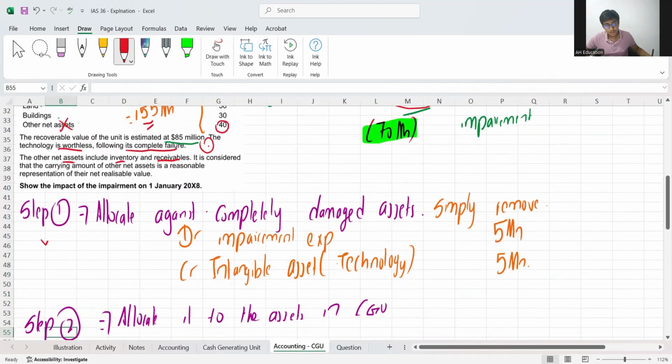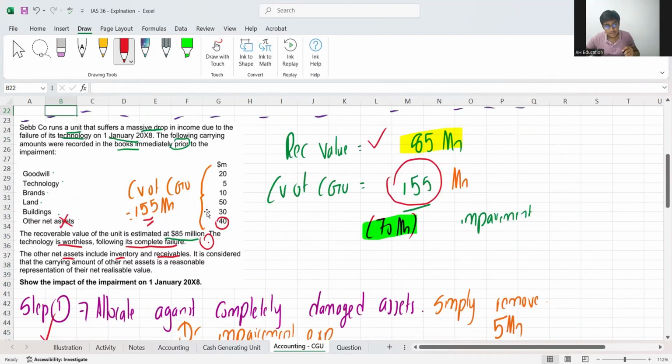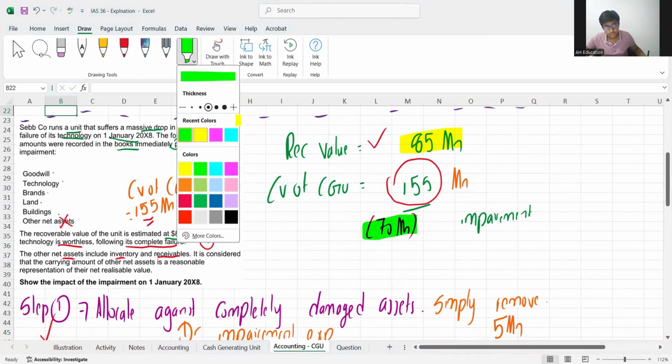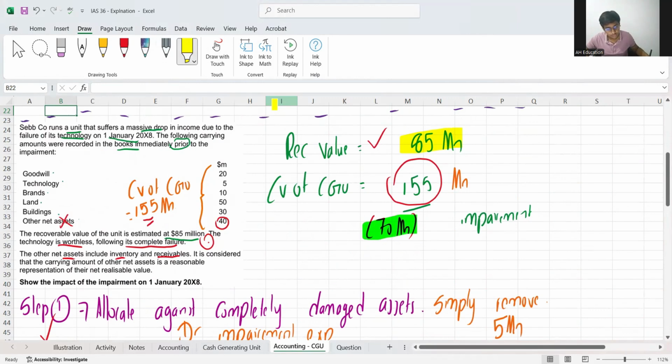Your step number one: always, if there is a completely damaged asset, like this technology, which is worthless, then that technology should not be presented in your statement of financial position.